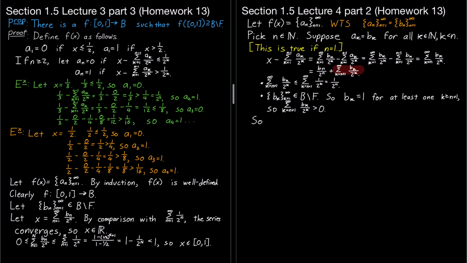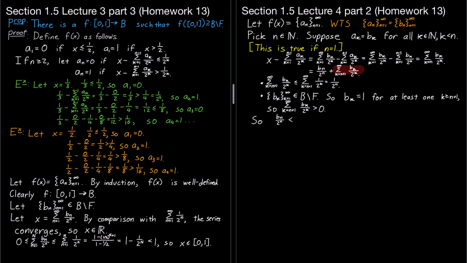So let's put this all together. So b_n over 2 to the n is strictly less than x.